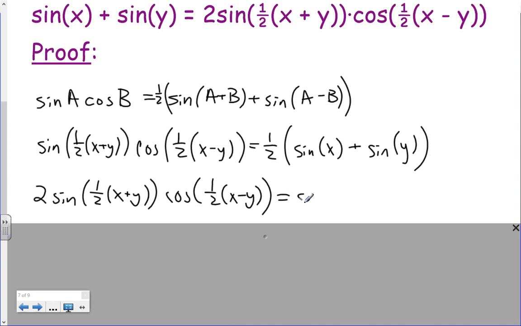And that's equal to the sine of x plus the sine of y. There's our property that we have up above there. I've just got, I guess, the sides flip-flop there. If you want to rewrite it, you certainly can. But you now have a sum on the right-hand side. The sum of the sine of x and sine of y is equal to 2 times this product of sine times cosine.